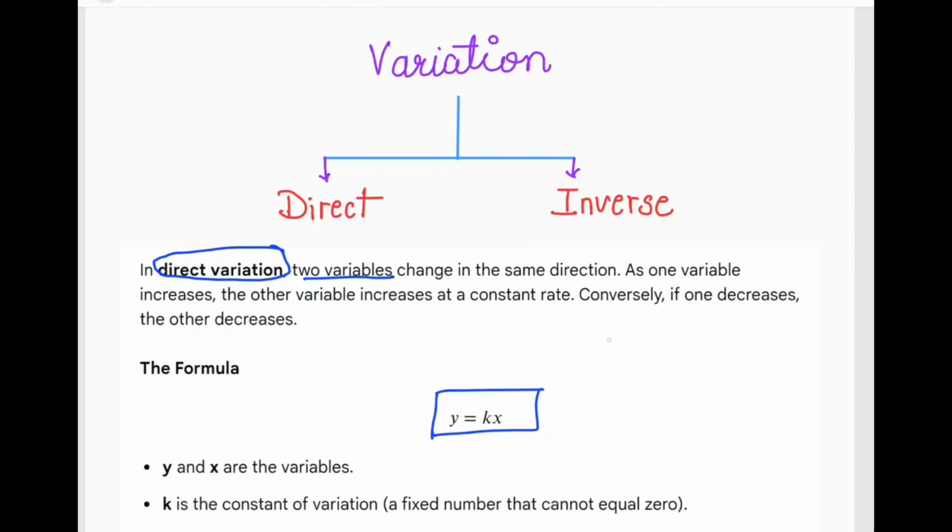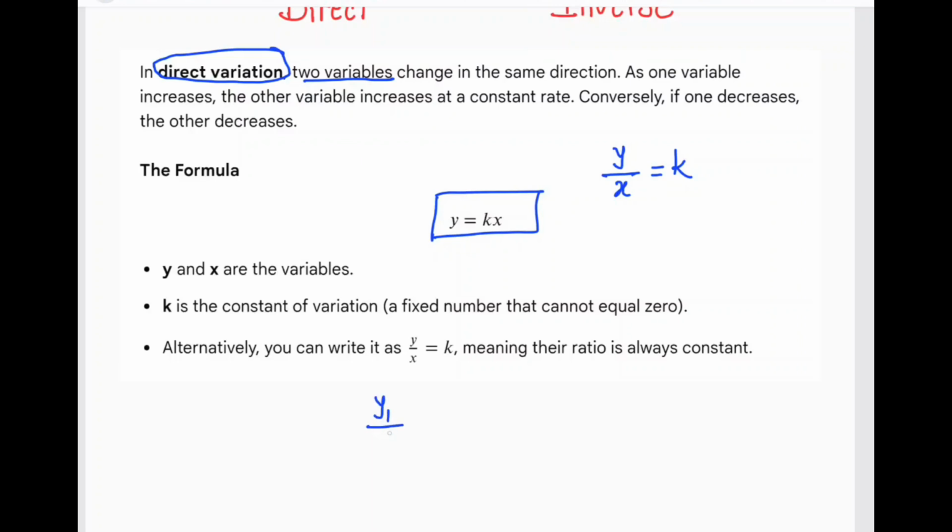In terms of ratio, this can be written as y upon x is equal to k. What does it mean? If I have different values of y1 and x1, the value of k remains constant. Why? Because it remains unchanged with that constant rate.